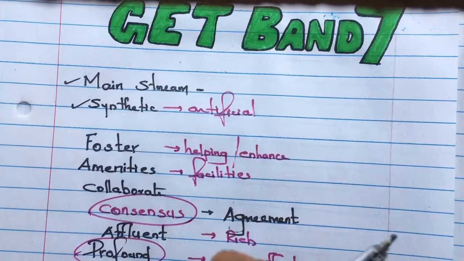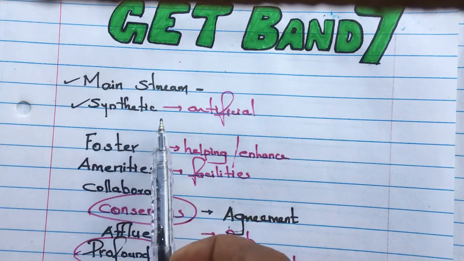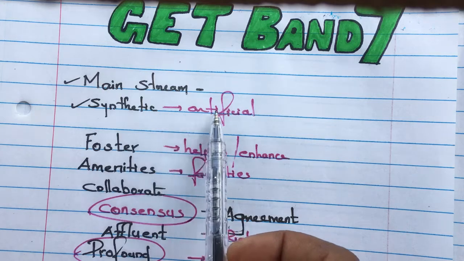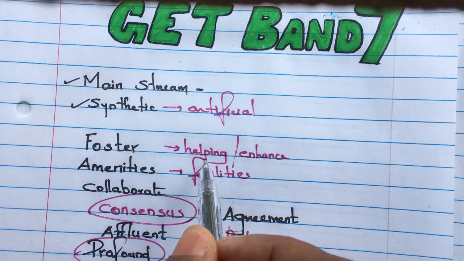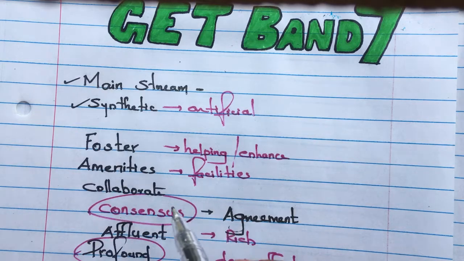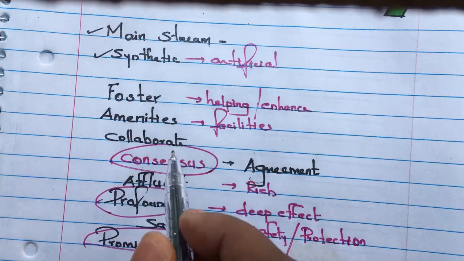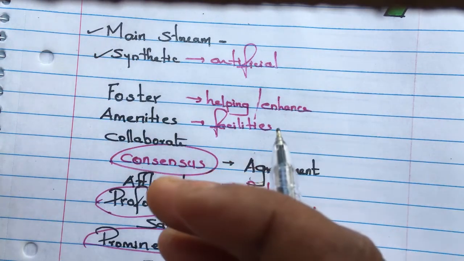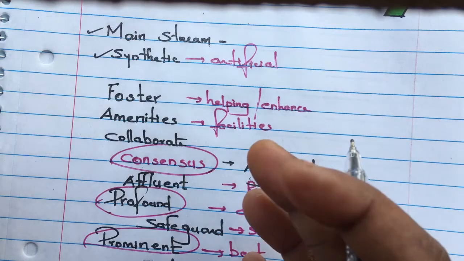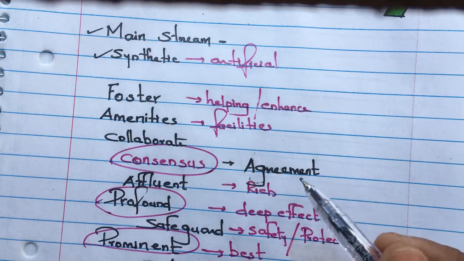Mainstream is something you have to bring forth. Synthetic means something artificial; instead of artificial, use synthetic. Foster: instead of helping, say fostering someone. Instead of facilities, try to use amenities. Collaborate means to work in collaboration with something else. Consensus means a general agreement.